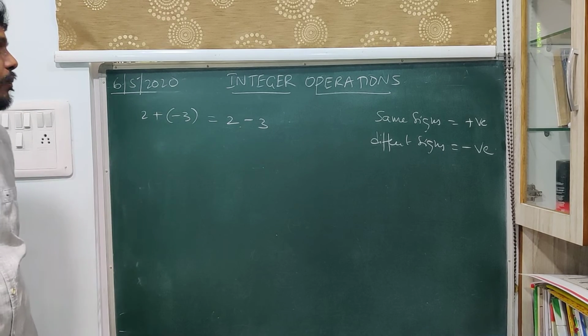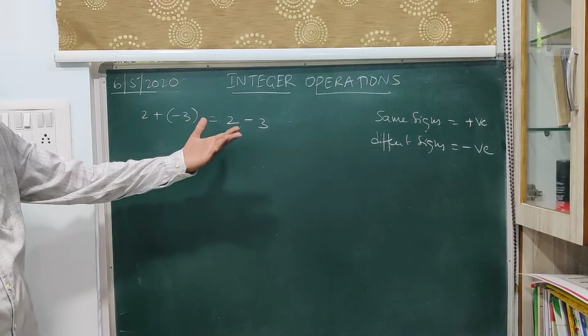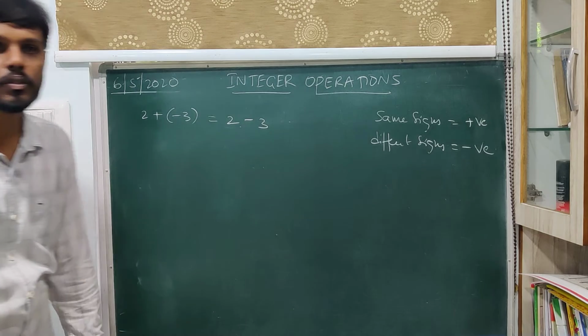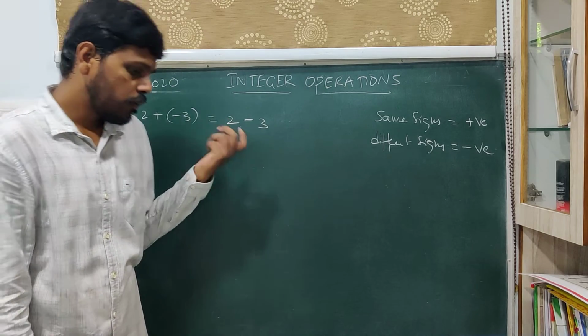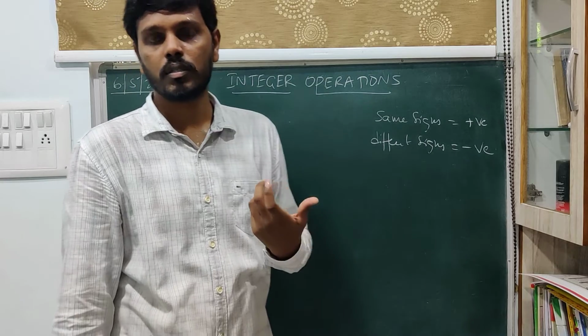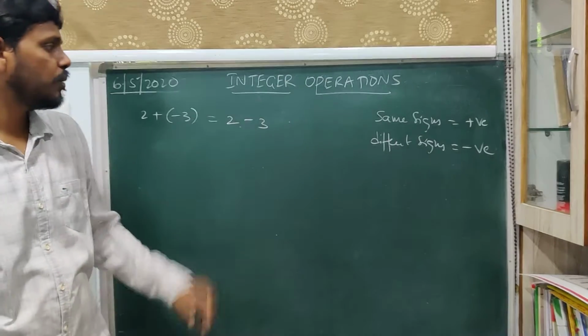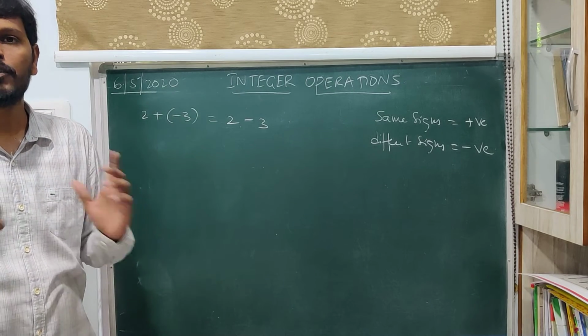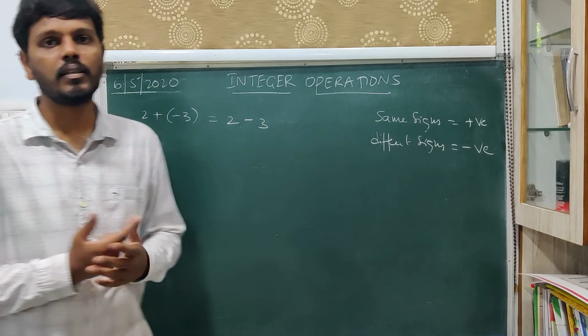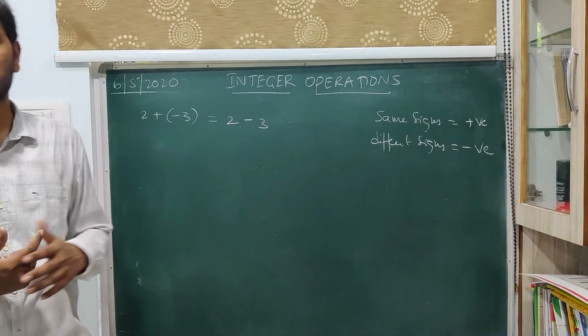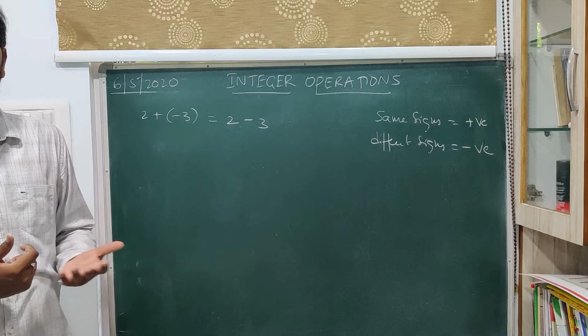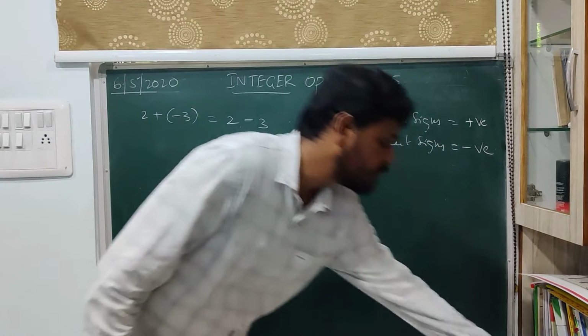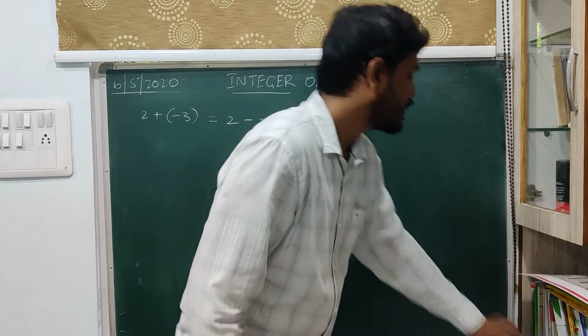Now when you are doing additions or subtractions, there will be a case whether to add or subtract. So the rule that we apply here is, whenever you have different signs, you subtract the numbers. Whenever you have same signs, you add the numbers. In both the cases, you will keep the biggest number sign. I repeat it again.